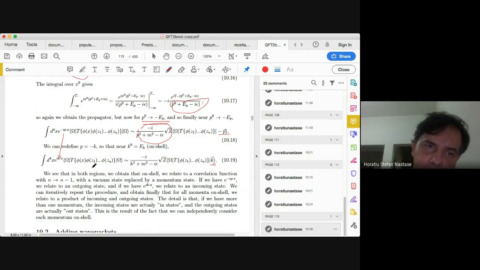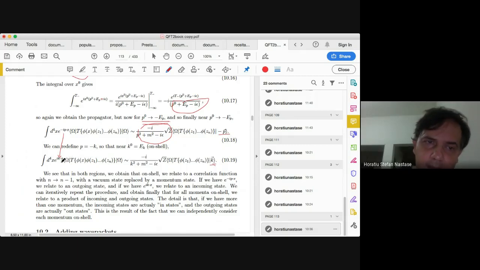But either way, you relate n+1 to n, right? So then doing all the Fourier transforms, and remember, the point is that the states are outgoing or ingoing, meaning that they can be separated at infinity, right? That was our physical assumption that we started with when defining QFT and S matrices.